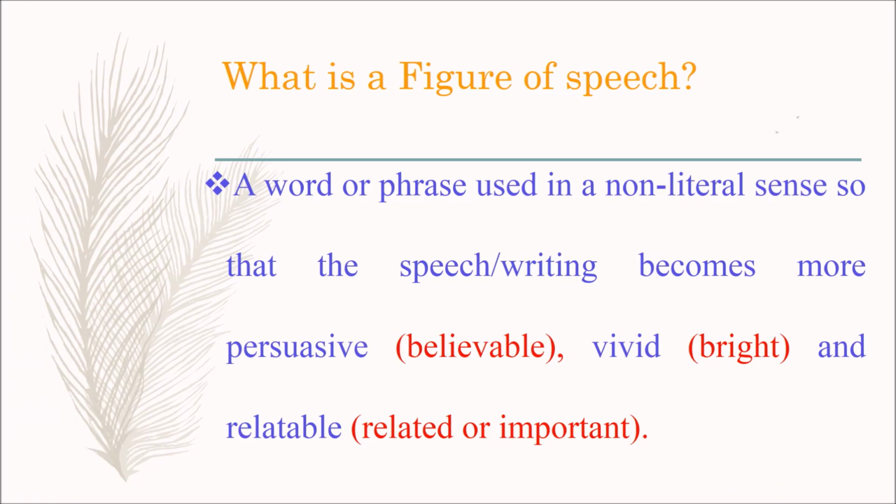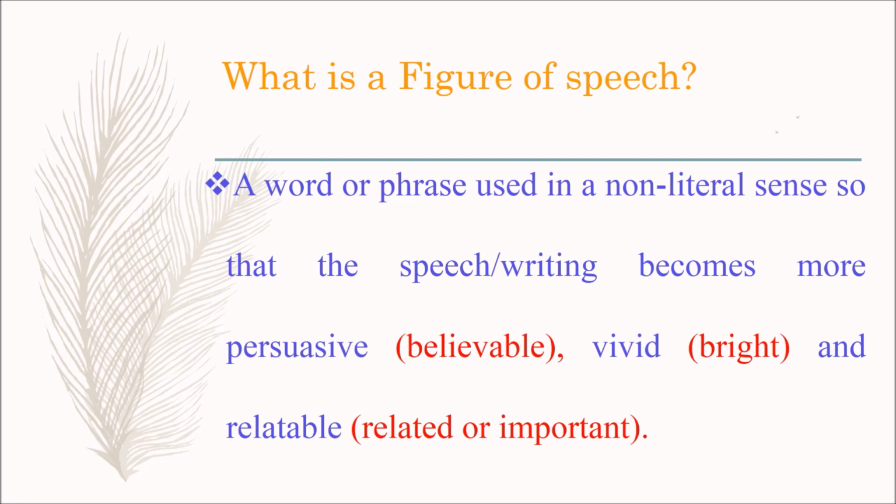Now let's see what is a figure of speech. A word or phrase used in a non-literal sense so that the speech or writing becomes more persuasive, vivid and relatable.